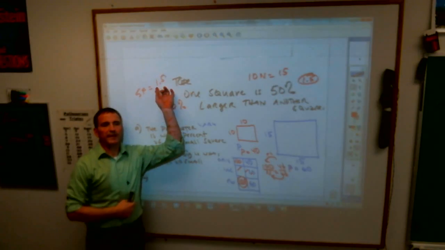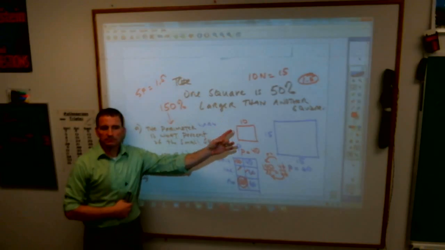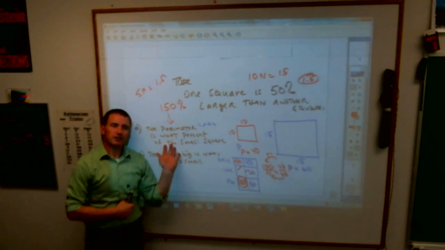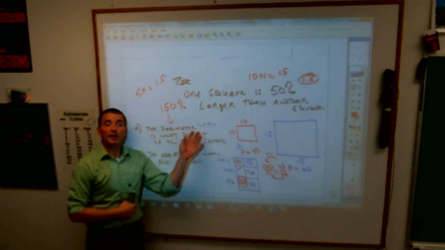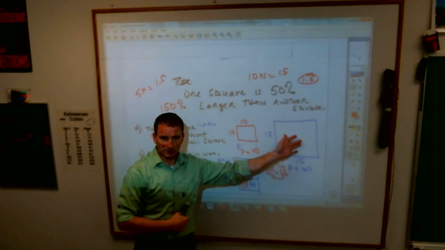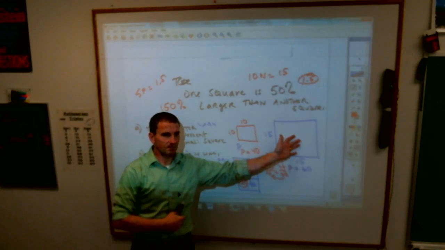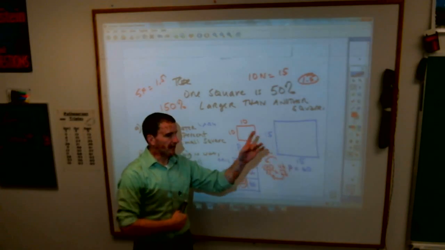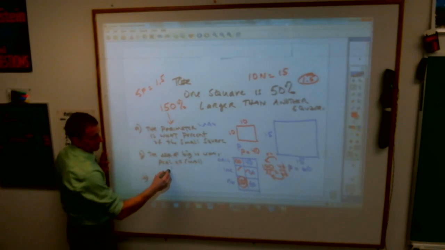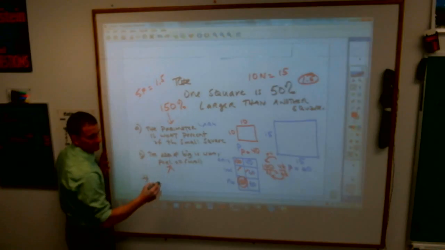What is 1.5 as a percent? Because scale factor is the same. Whatever the scale factor is, that's how much that new square is. It's 150% bigger. Alright? Can anybody take a guess about the area?